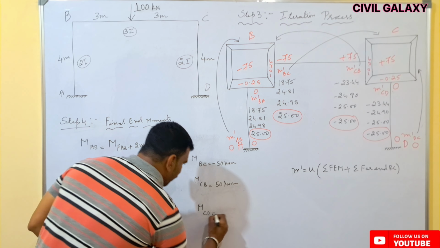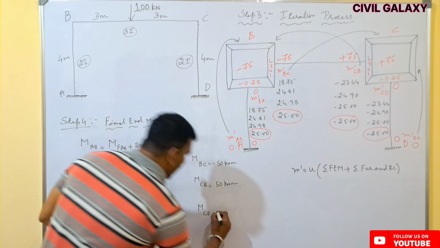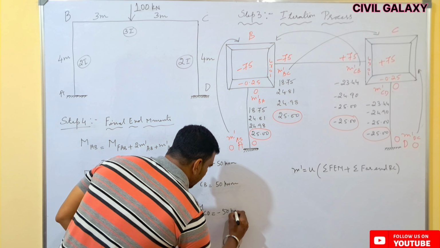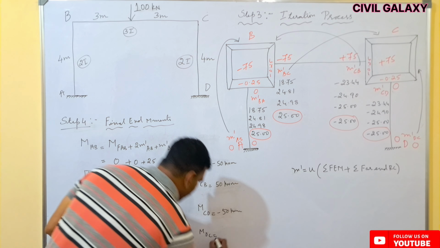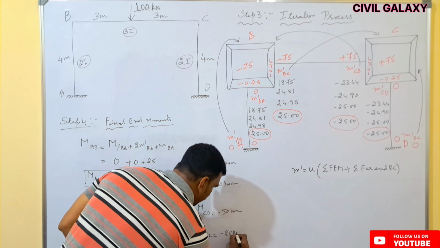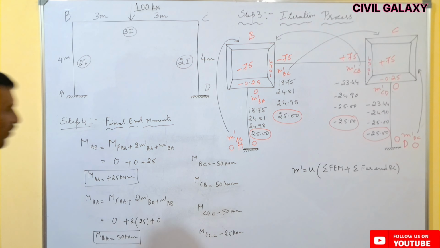From C to D, we have again minus 50 kilonewton meter, and the moment from D to C is minus 25 kilonewton meter. So these are the values.